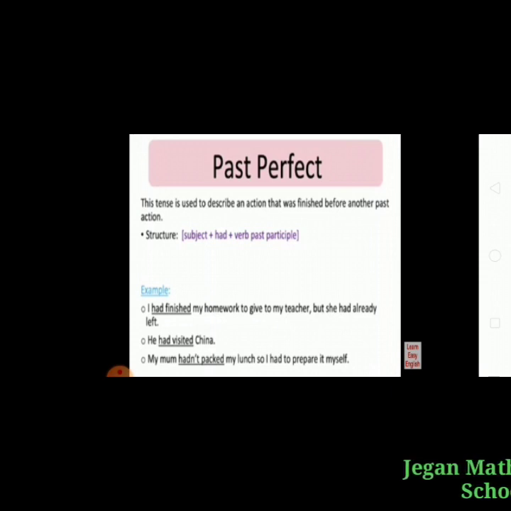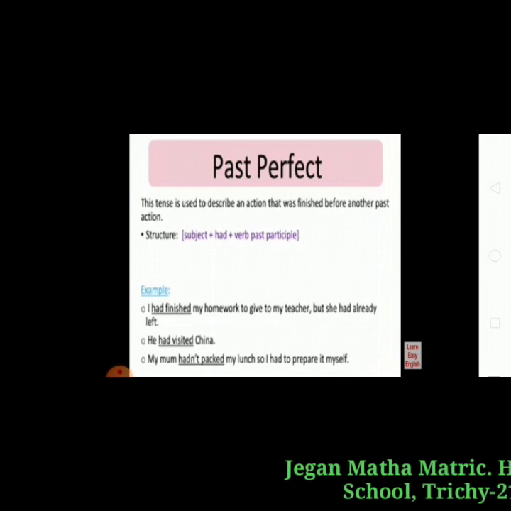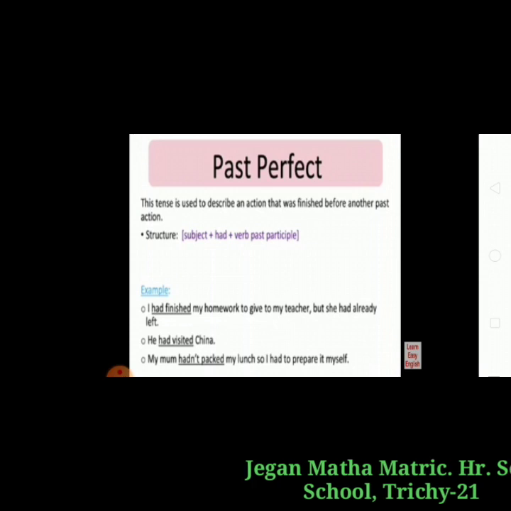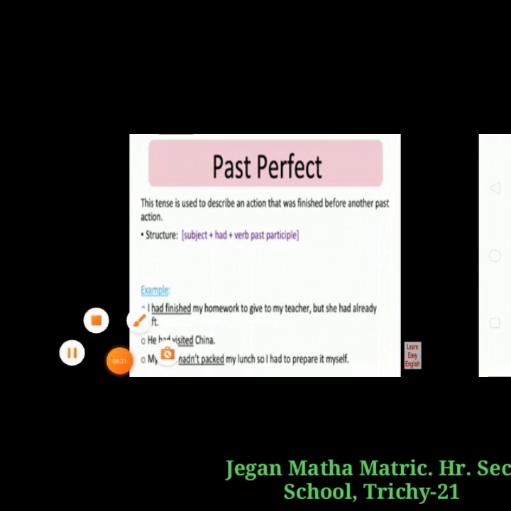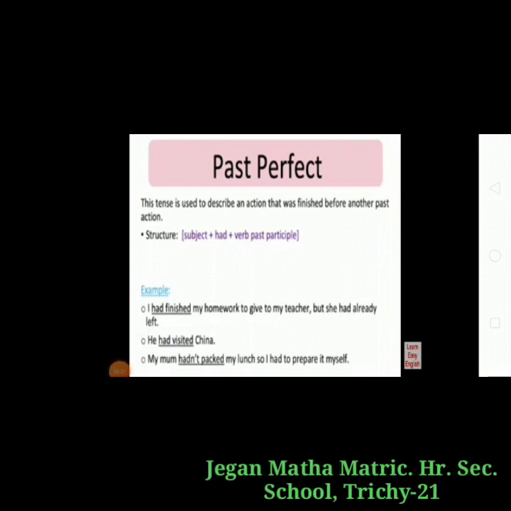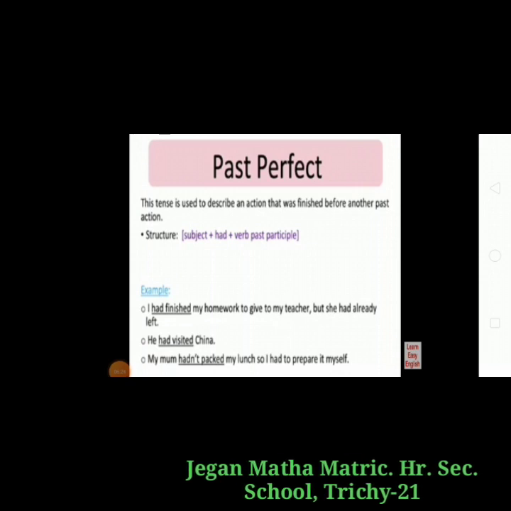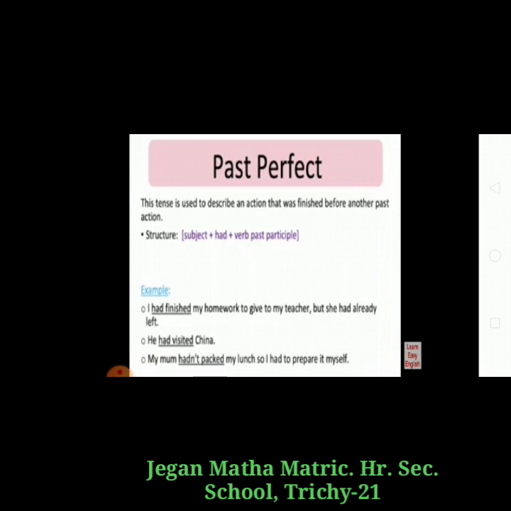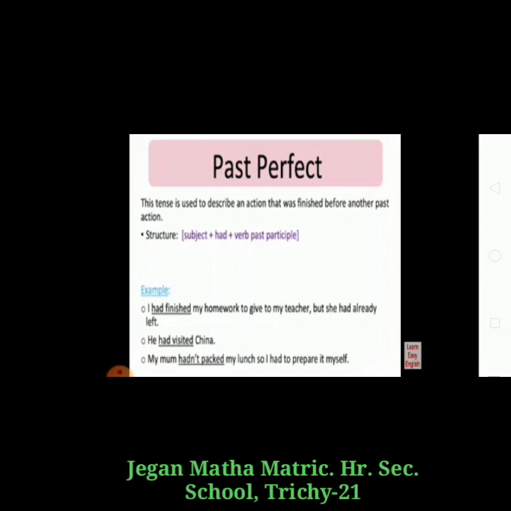Next, to describe an action in the past which became the cause of another action. Next, to describe an action in the past using time adverbials such as already, since, before, etc. What are the time adverbials of past perfect?